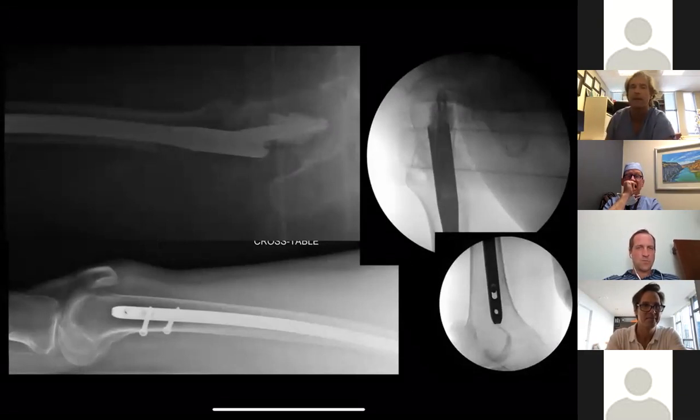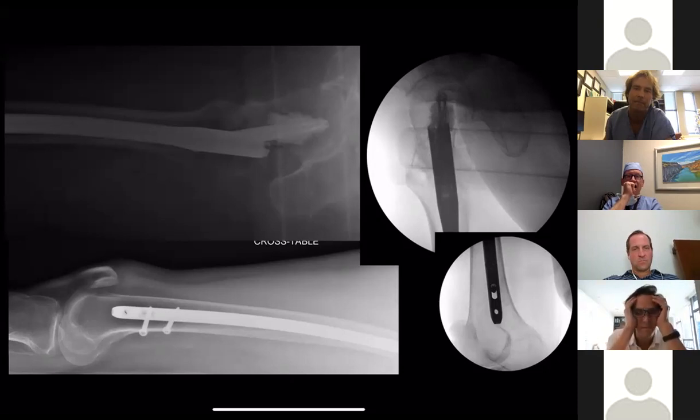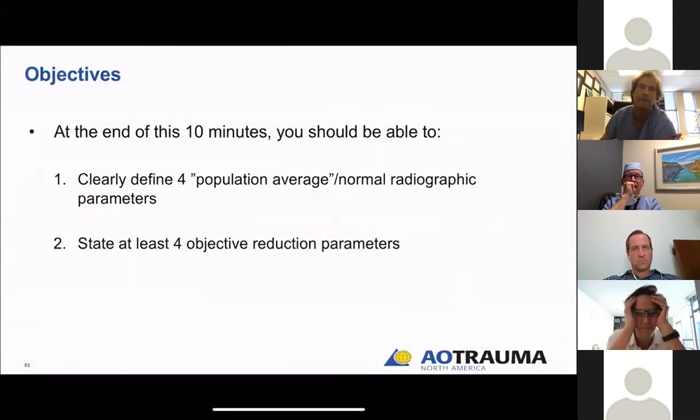So this is her lateral view of her hip and her knee. And I would say that this anteversion is fine, right? But that is not consistent with what I'm seeing on the far right, which is her intraoperative views, right? Interesting. So, yeah, I know. So at the end of this, hopefully you guys have some better understanding at least of population average or normal radiographic parameters and how we use those objectively intraoperatively in order to assess reduction.